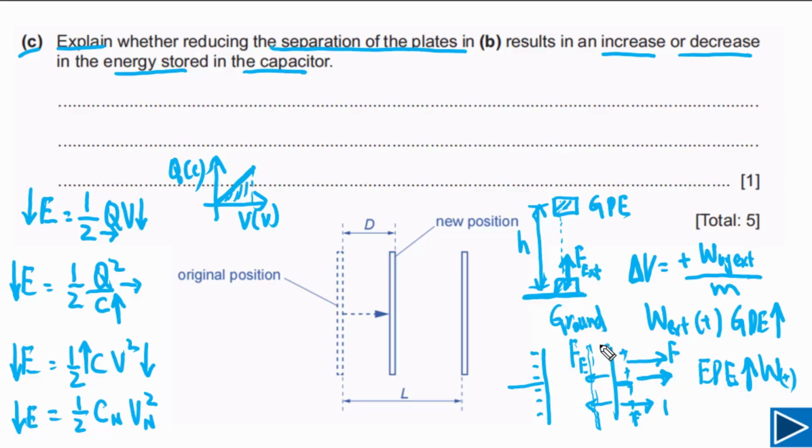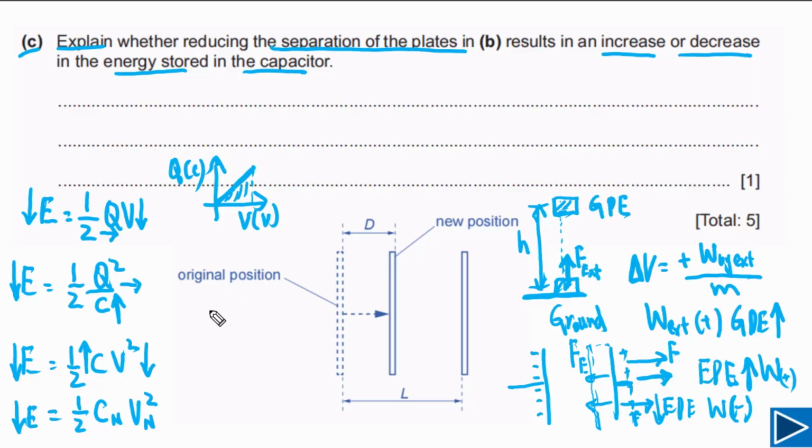If you move this from here to here, we apply force to the right, but the plate is moving to the left. So in this case, EPE will decrease because the work done by the external agent is negative. That's the reason EPE will decrease, or simply it means that energy is taken away. So that's all we need to understand.